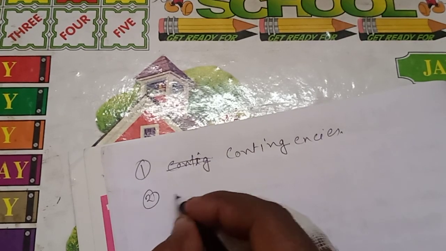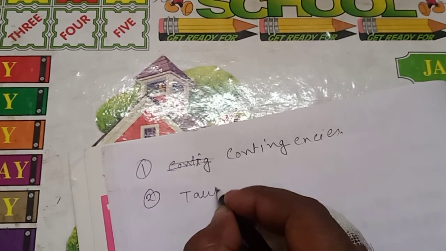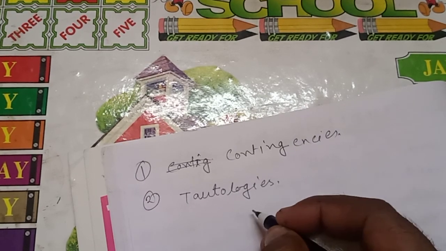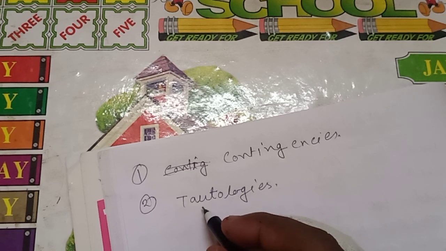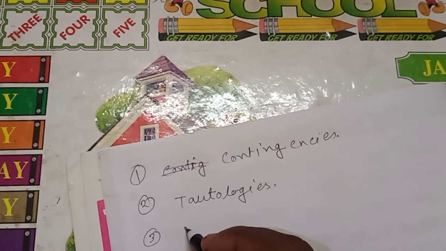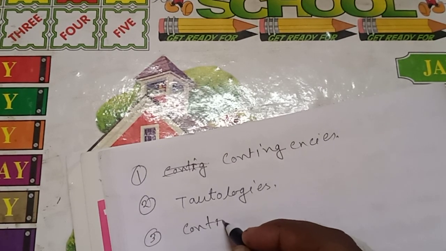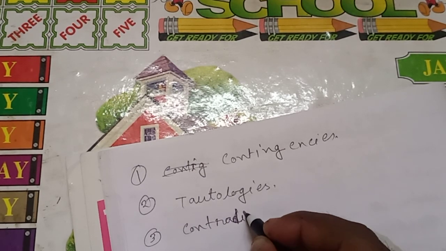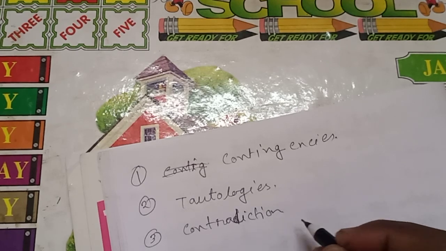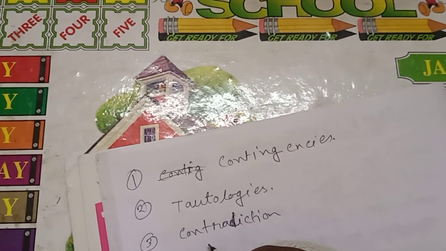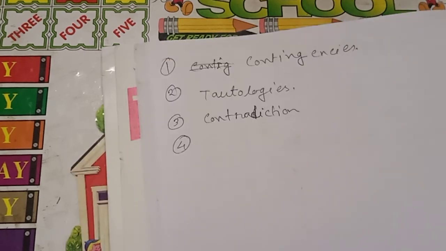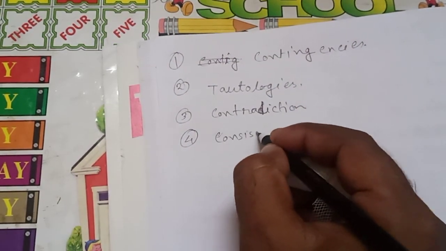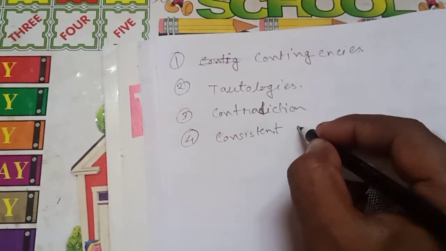The second one is tautologies. The third one is contradiction, and the last one is consistent statement.